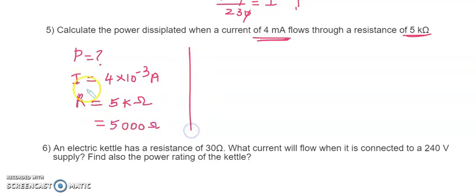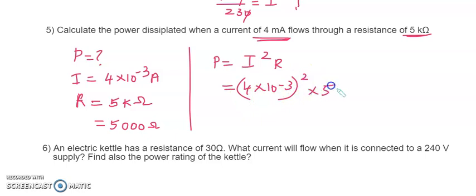Now it's I and R. So that means power is equal to, which formula should we use here? I square R. There's no voltage given. So we will directly use I square R, which is equal to 4 times 10 raised to minus 3 the whole square multiplied by 5000. Right? So that will be equal to 16 times 10 raised to minus 6 multiplied by 5000.